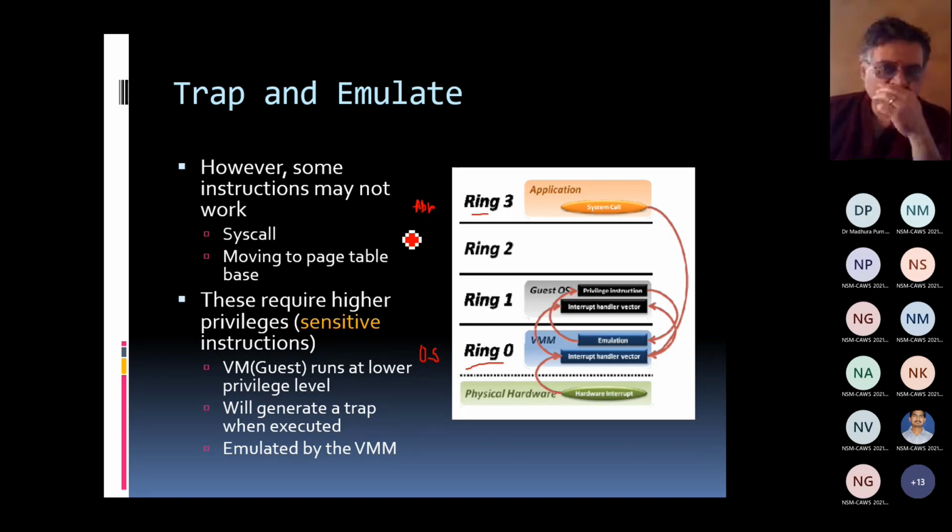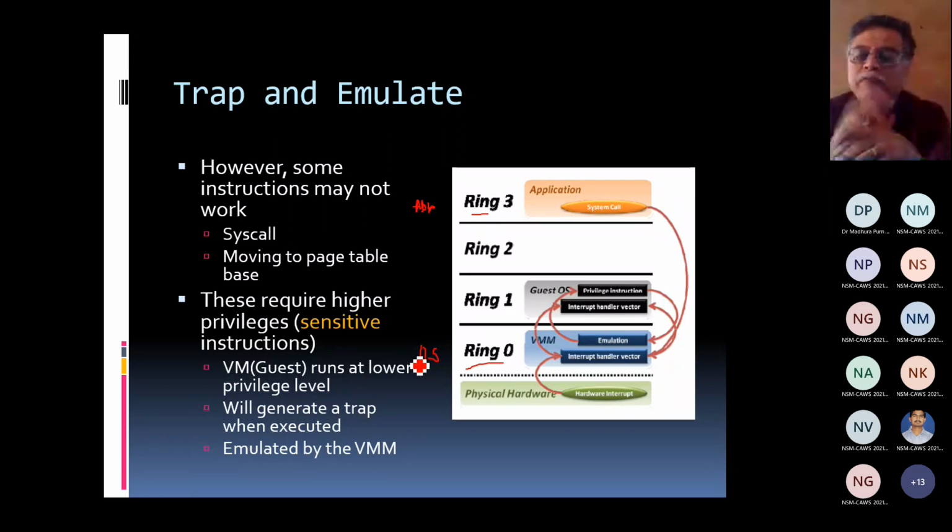Whenever the application makes a system call, it will jump directly to the OS which is running on ring 0, and all of the stuff which runs in ring 0, or privileged instructions, will work properly. There's no issue about it. It can run directly on the hardware. The challenge happens when you start having the VMM. The VMM is the only one now.